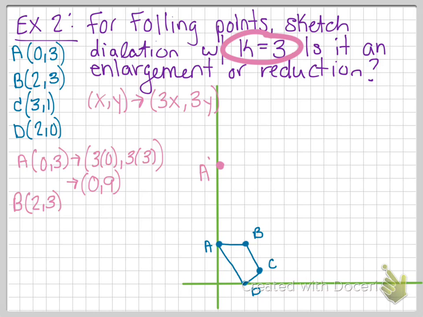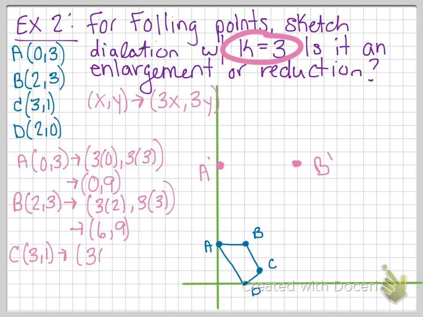Next I got B is at (2, 3). So I plug it into my formula, and I'm left with (6, 9). So I'm going to go over 6 and up 9, and I plotted my B. So now let's do C. C is at (3, 1). So I plug it in, and I simplify, and I go in and plot C at (9, 3).